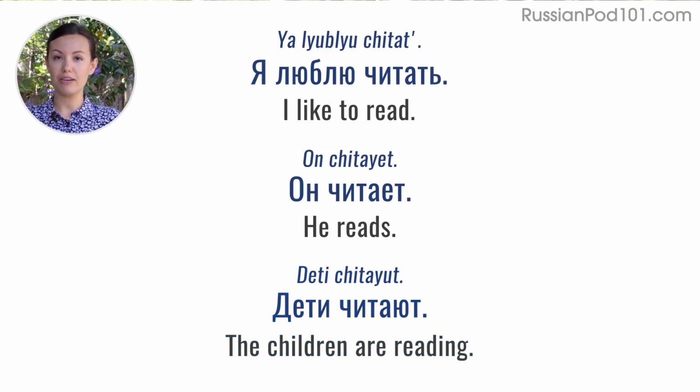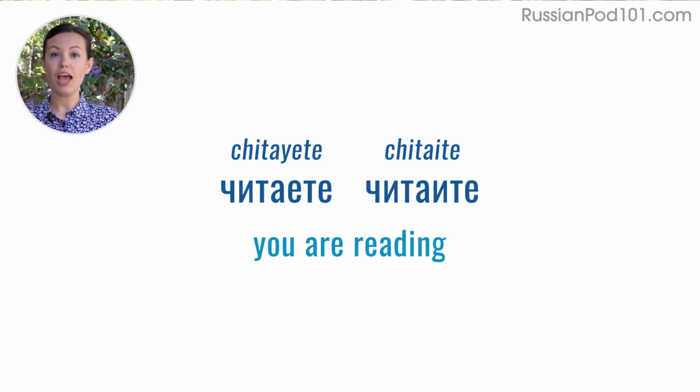If we know how to conjugate the verb, we can avoid spelling mistakes, which are common in the unstressed personal endings of the verbs. For example, the verb читаете. You are reading. Which is the right vowel to put here? Ye or e? In rapid speech, ye and e in the unstressed position sound the same.